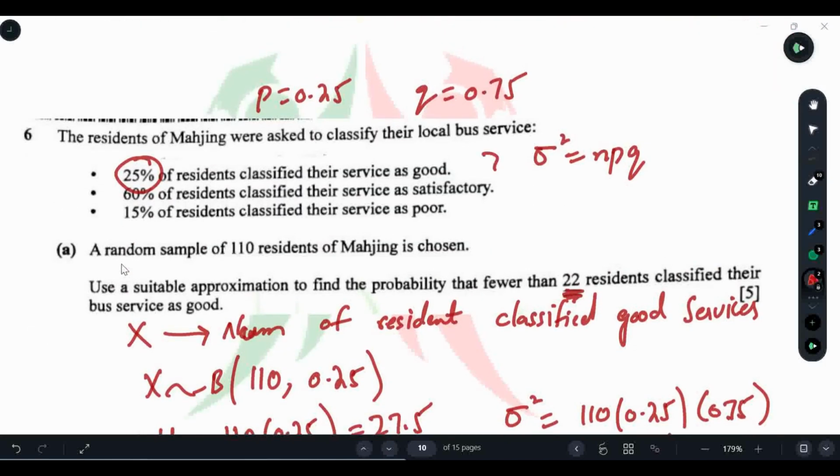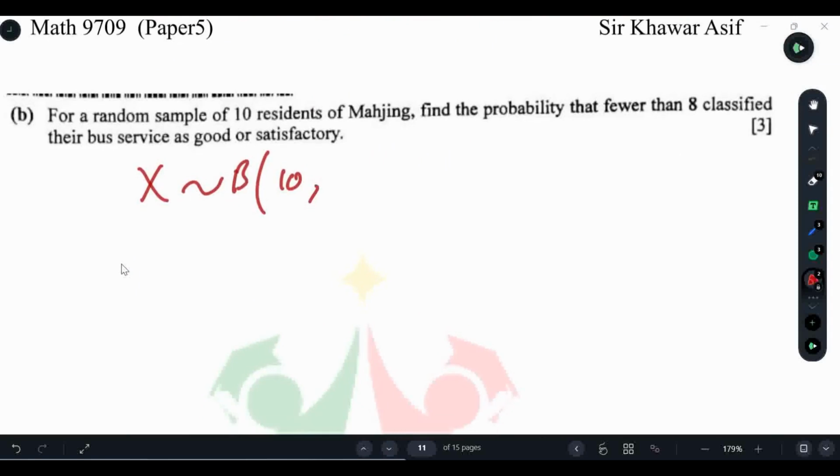Good and satisfactory means 25% and 60%, so if we combine it, it will be 85%. So the probability of success will be 0.85.